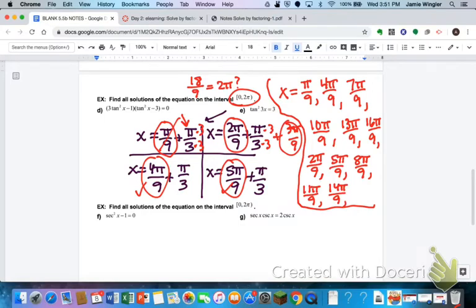And 14/9 pi plus 3/9 pi is 17 pi over 9. And I stop there. That's all my answers I can get. I've already included this answer. And I've already included this answer of 5/9 pi in my list. So I don't have to continue. I am done. If I have a multiple angle, that means I'm going to have multiple answers. These are the fun ones.